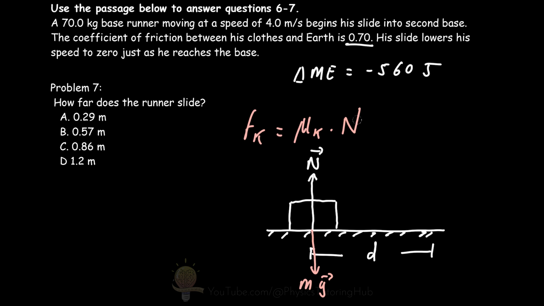So I can erase this normal force here and write in mg. And the force of kinetic friction, because our base runner is moving in this direction, the kinetic friction is going to work in this direction and is acting on him to slow him down.